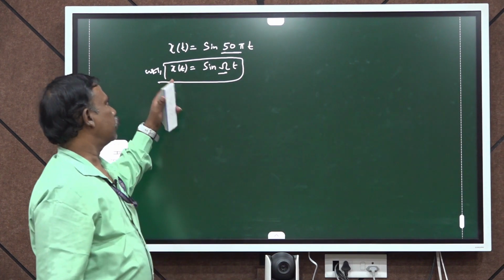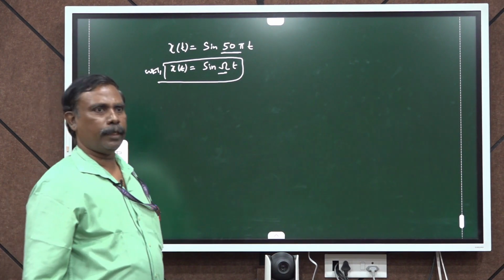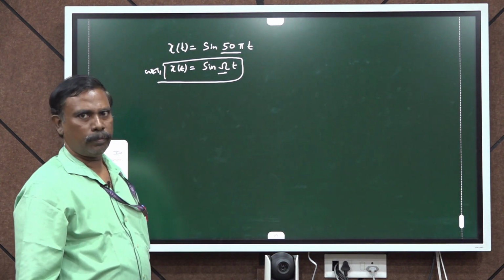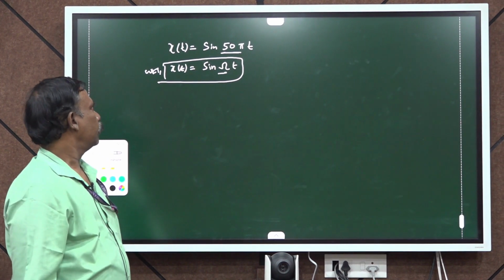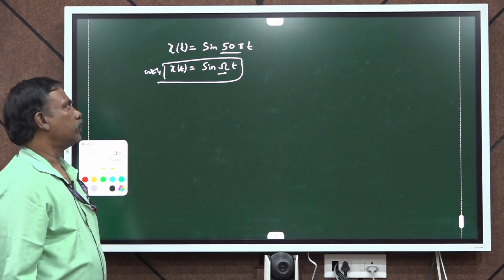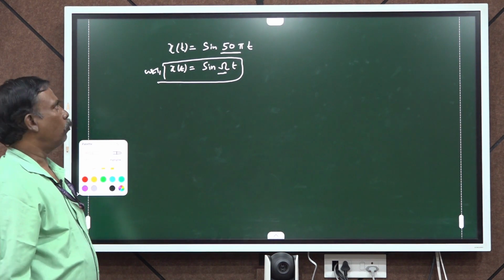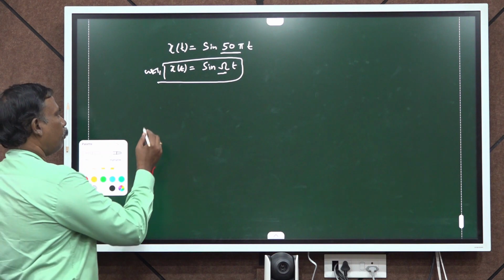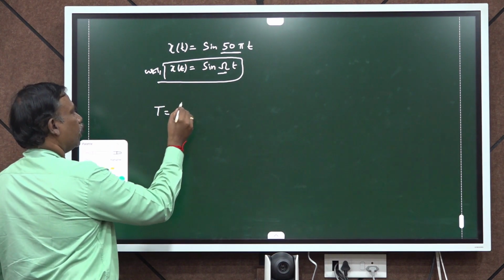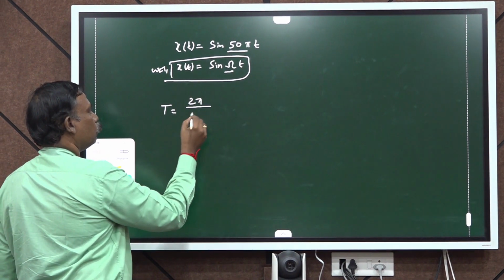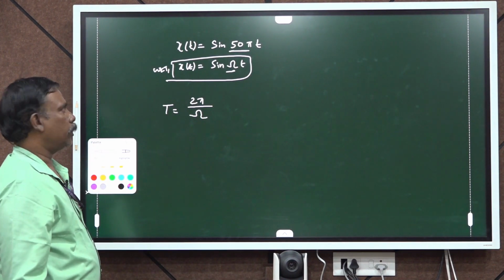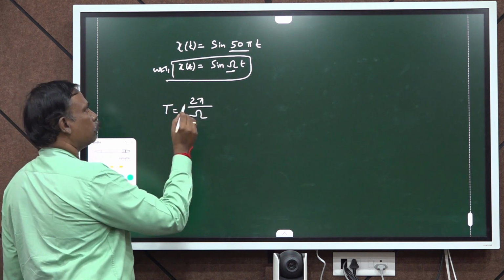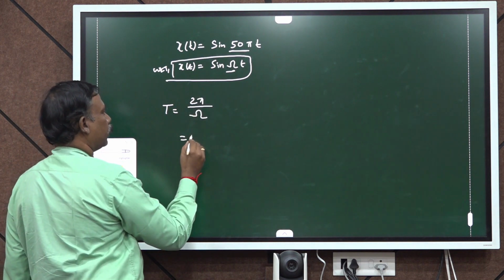The fundamental period formula is T equals 2 pi by omega. Now just substitute omega equal to 50 pi.